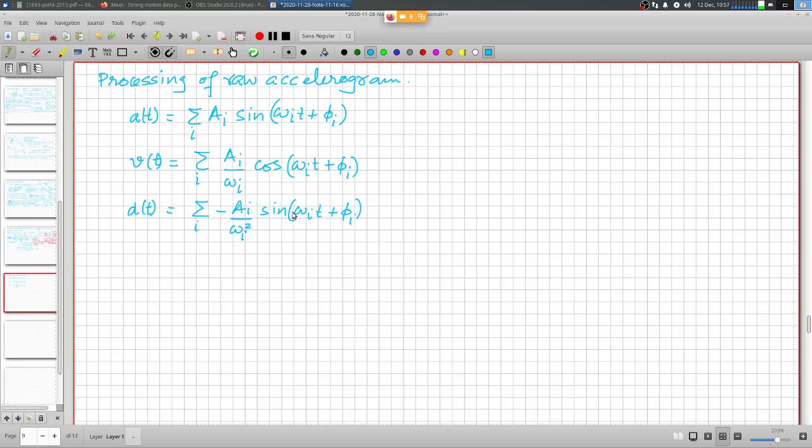Now, this provides us a very interesting insight into the nature of signals and changing frequency composition. Let us look at two frequencies.